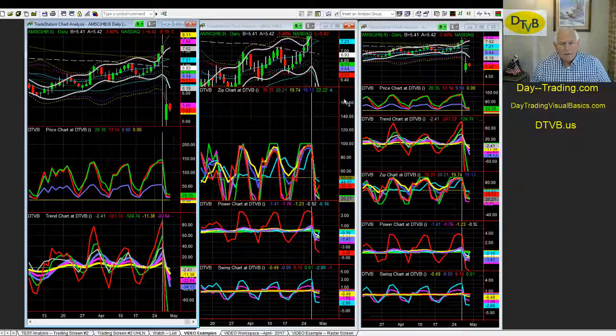Now, it's exciting to have a system like this. It's just amazing what you can see with these indicators, the types of things that you can do with sensitive indicators.